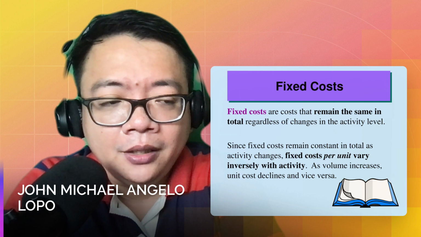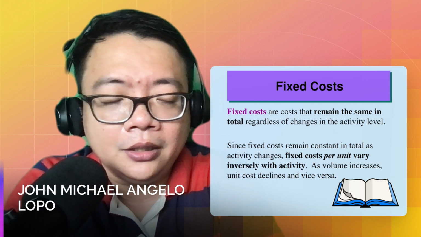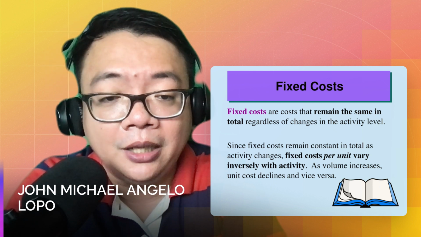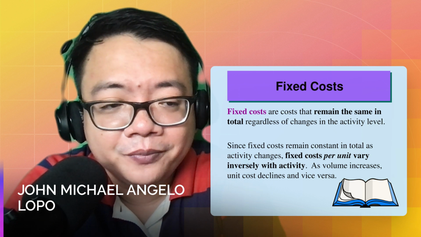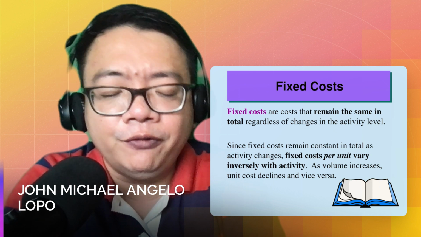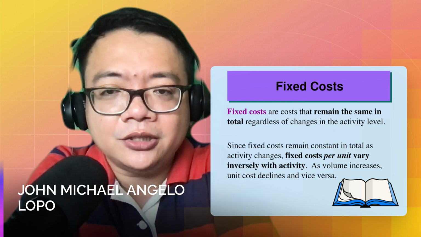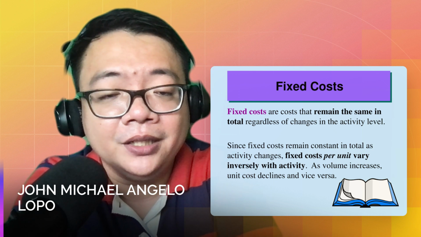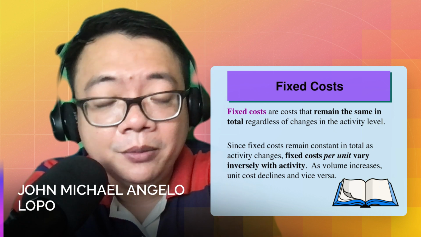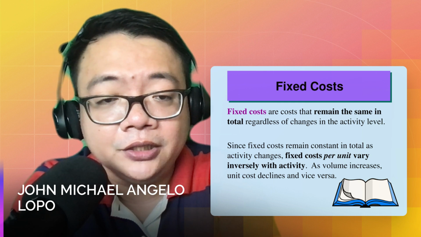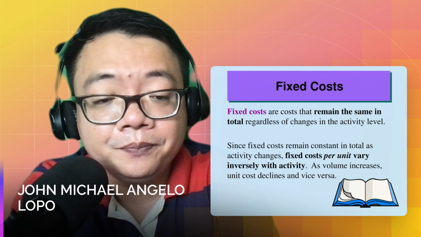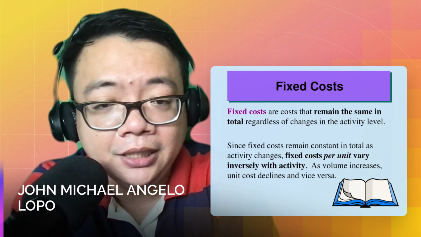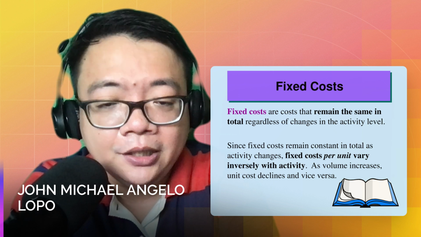Kahit yung cost ng president of the company, which is also part of the period cost, the salary of the CFO or accountant, because they are monthly paid, di ba? Their cost will remain the same regardless of the changes in the activity level, while the fixed cost per unit will vary inversely with the activity.